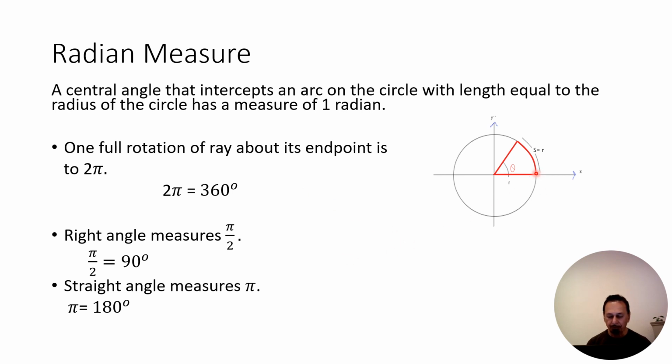If you go from this point and rotate to here, then it's a right angle, which is pi over 2. And if you rotate this initial side all the way down here, then this will be a straight angle, and that's equal to pi.